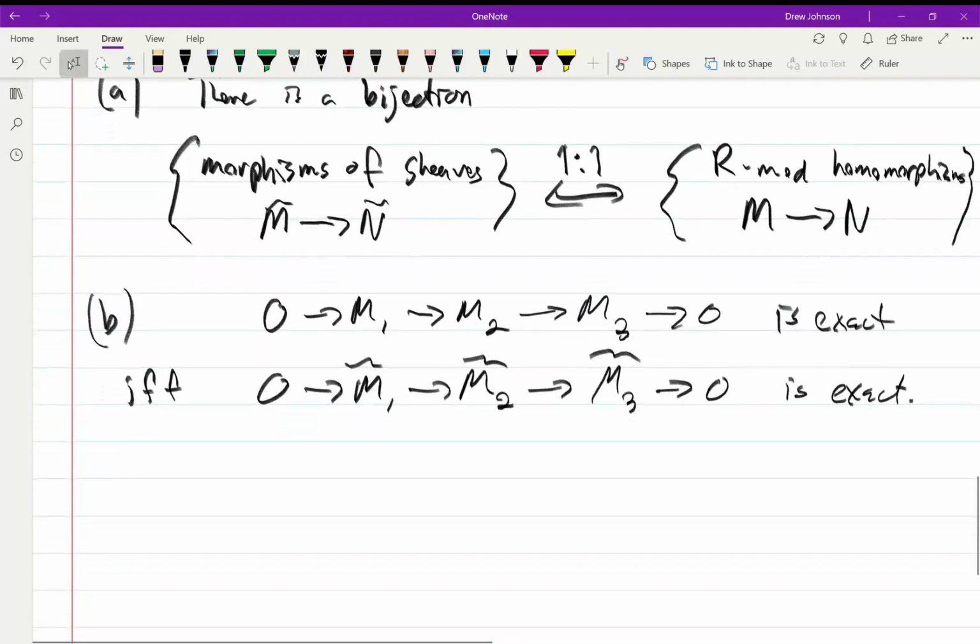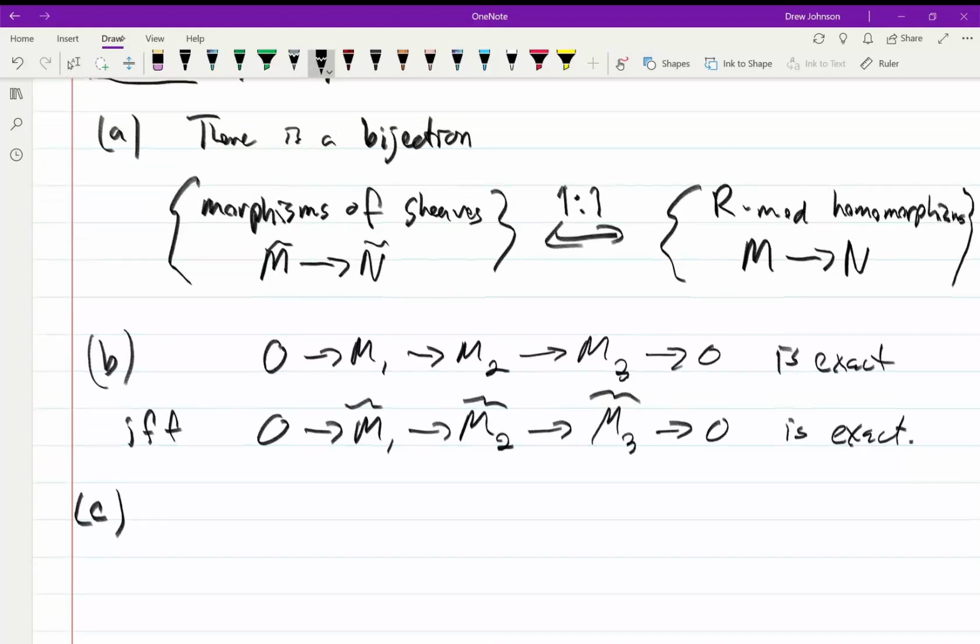Okay, and then part C is going to say that this tilde construction commutes with all the usual operations on modules that you like. So you can have the direct sum M tilde plus N tilde, and that will be the same as (M plus N) tilde. And same thing for tensor products.